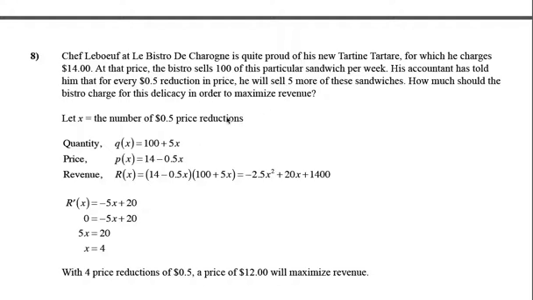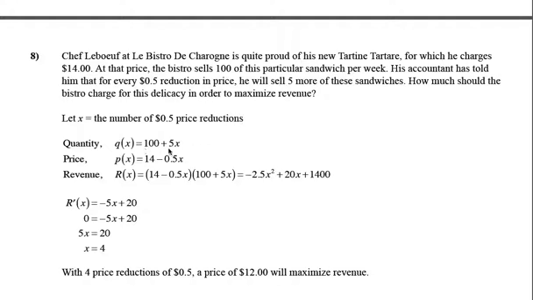Remember that to determine the quantity, we take the original quantity, and the story says that the bistro sells 100 of this sandwich, and for every 50-cent reduction in price, and that's what this x is, the number of price reductions. Right here it says let x equal the number of 50-cent price reductions. And for every one of those, they'll sell 5 more sandwiches.